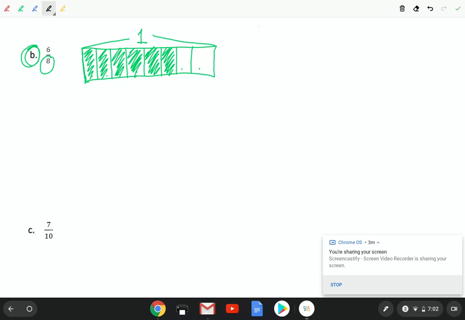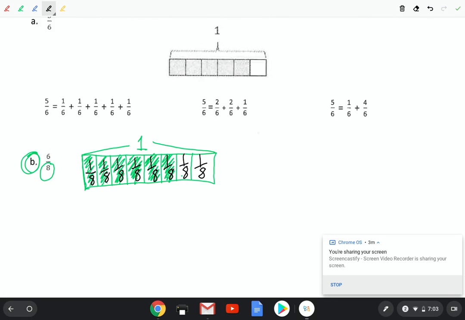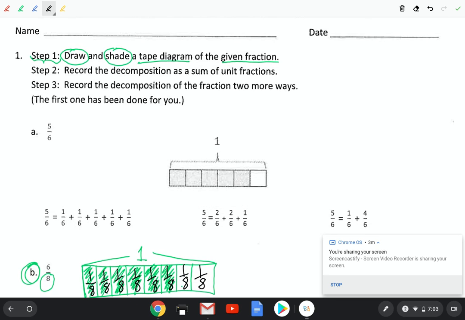I'm going to go ahead and label these units as 1/8 because that is the name of the unit fraction that we are working with today. Okay, so 1/8, 1/8, and 1/8. Again, I'm only shading in 6 of them because that's the fraction that they want me to represent. So let me go back and see what the steps are.